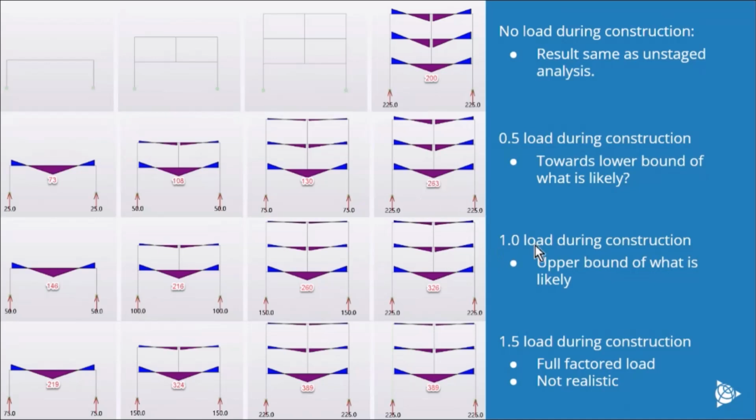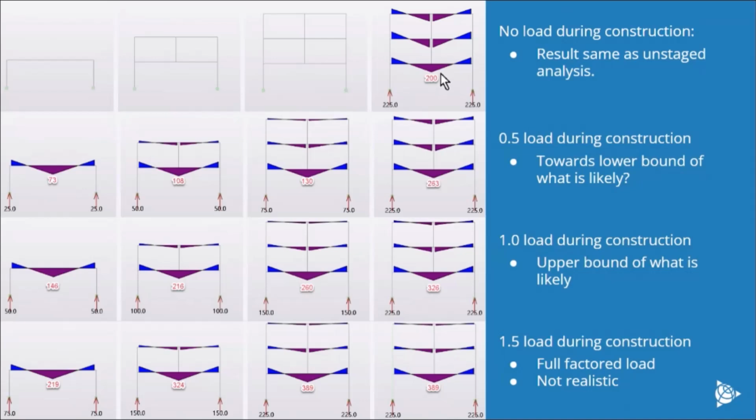When I go onto the 100% load, you can see that obviously this here is roughly double that. And again, it goes up through the stages, and then you've got the design stage at the end, and then 150%. So an unrealistically high load during the construction stages, and you can see it through the stages, and then you end up with a result in this bottom beam.